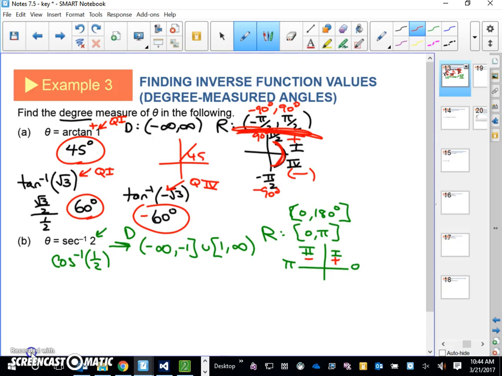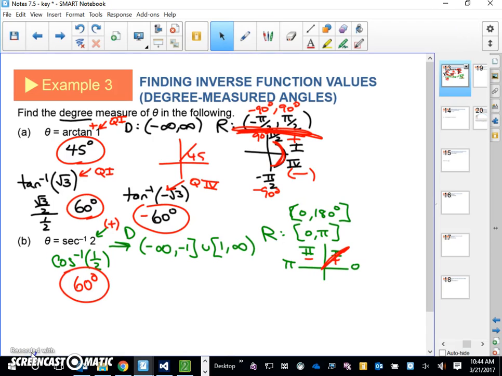So that's the what that I get from the chart. But the fact that this was a positive number tells me that I'm in the first quadrant. It's 60 degrees in that first quadrant, and so it just is what it is. It's 60 degrees.